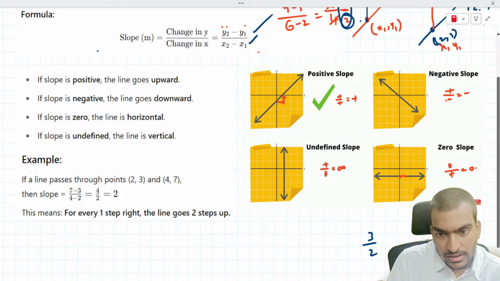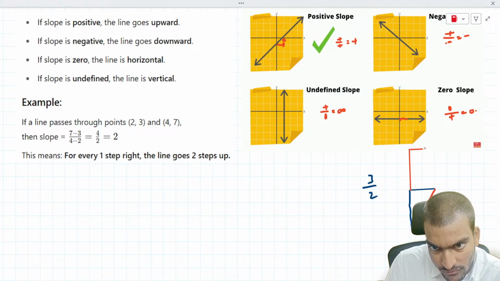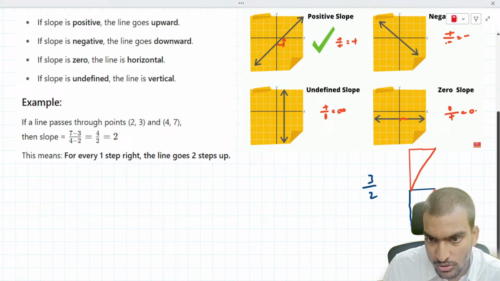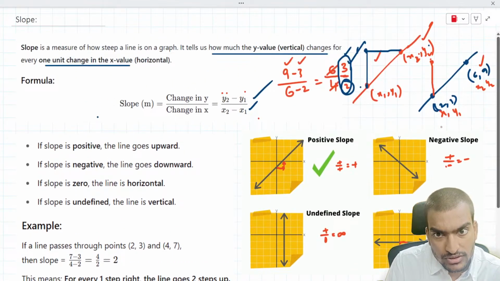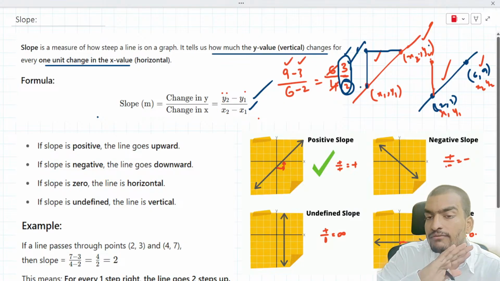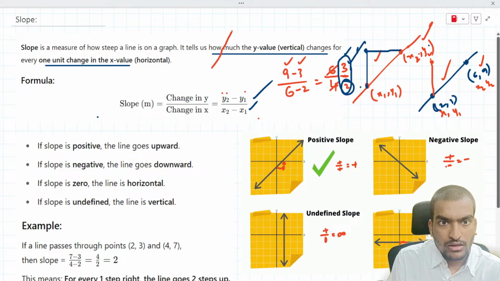For every 3 units of y, 2 units of x. That's how we get a slope. If you check the line, you get the same slope everywhere on the line. It's not going to change. This is all about slope.